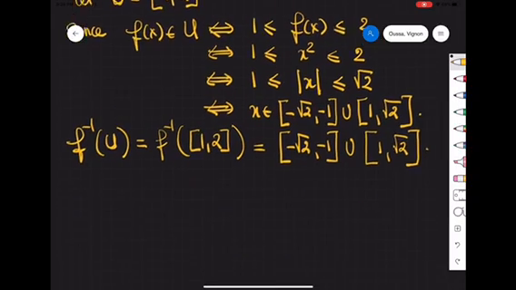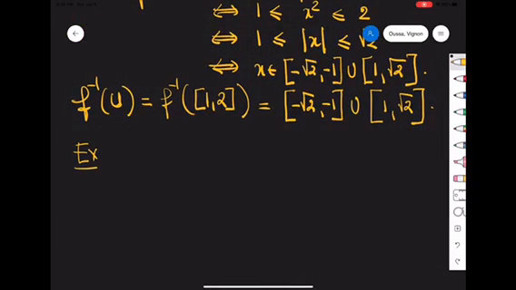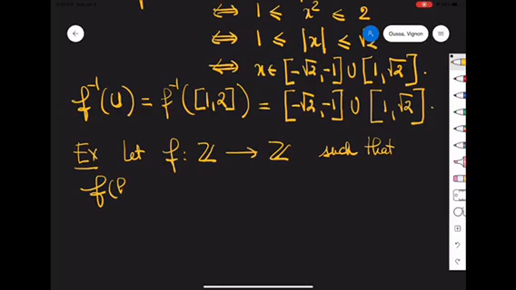Here's another example. Let f be a map between the integers such that f of k is equal to 5k for all integer k. Okay, so let's pick some elements.